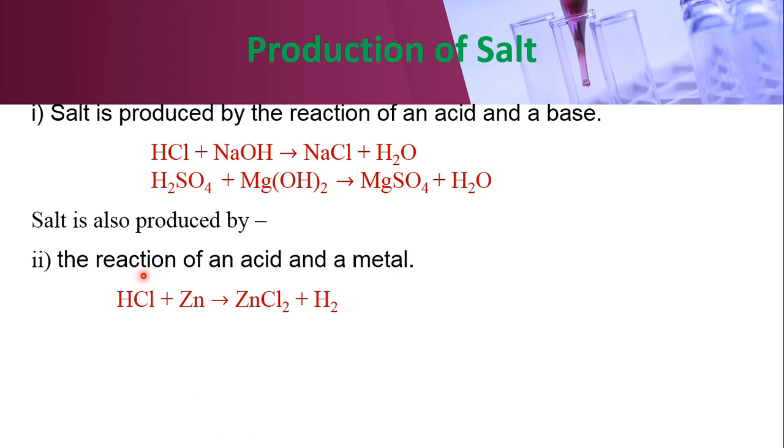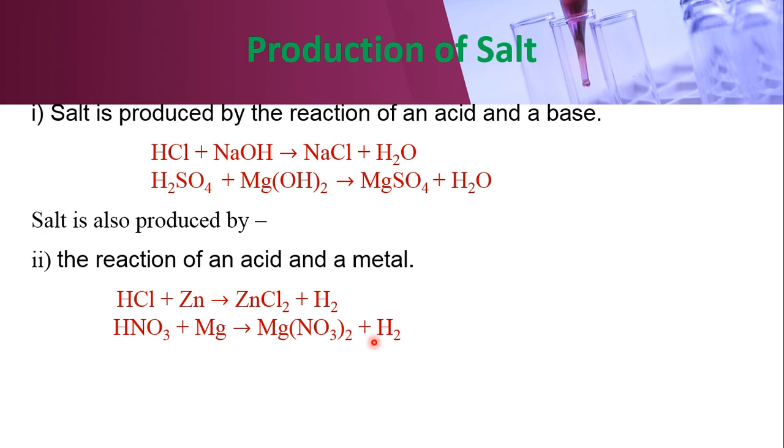Here, HCl, hydrochloric acid, reacts with zinc metal and produces zinc chloride and hydrogen. Here, zinc chloride is a salt. How is it produced? It is produced by the reaction of acid and metal. Another one, nitric acid and magnesium metal reacted to produce magnesium nitrate salt and hydrogen.